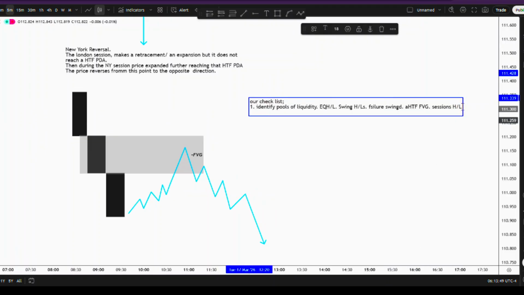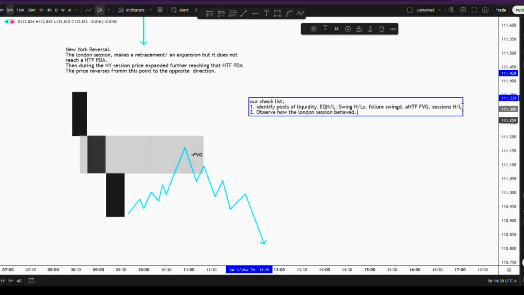Then number two, after identifying drawn liquidity, you observe how the London session behaved.